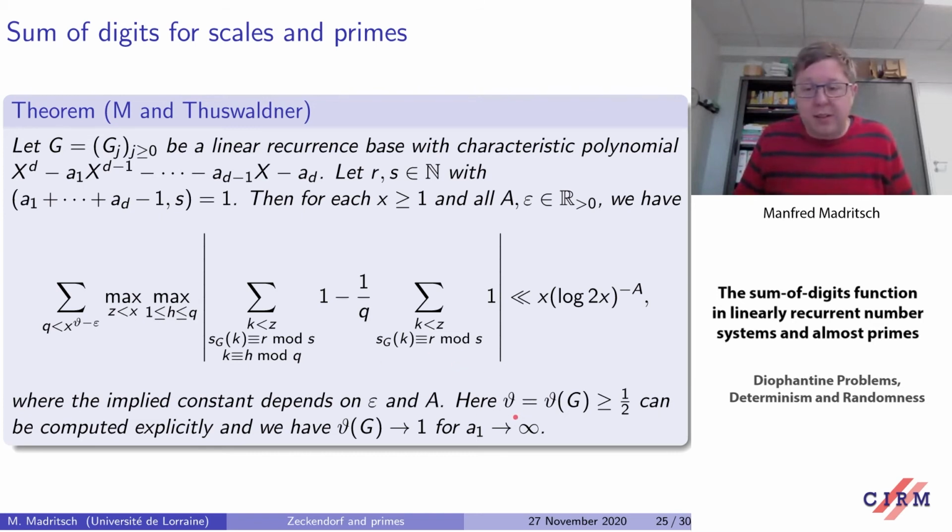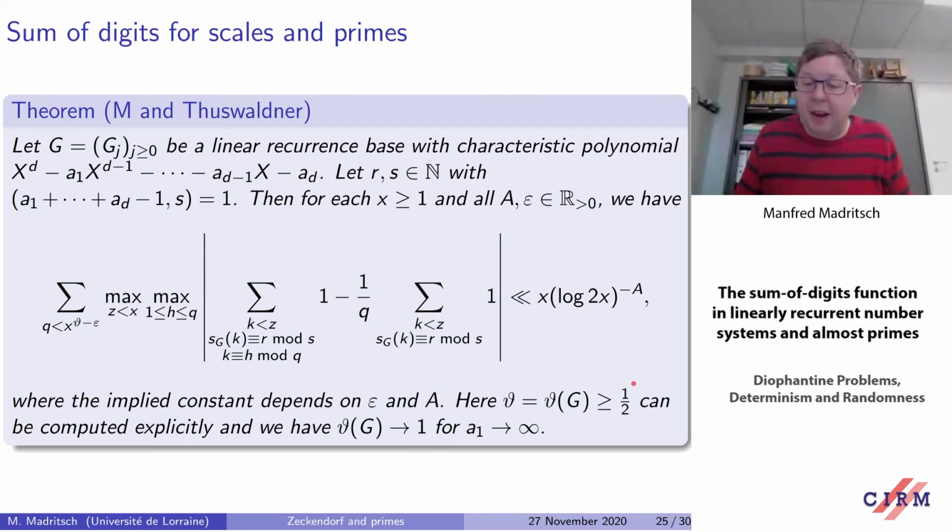the thing here is that if you take the term of the second largest exponent, the coefficient of the second largest exponent, which is also called the trace of this polynomial, then if you let this go to infinity, you can prove that the level goes up to 1.